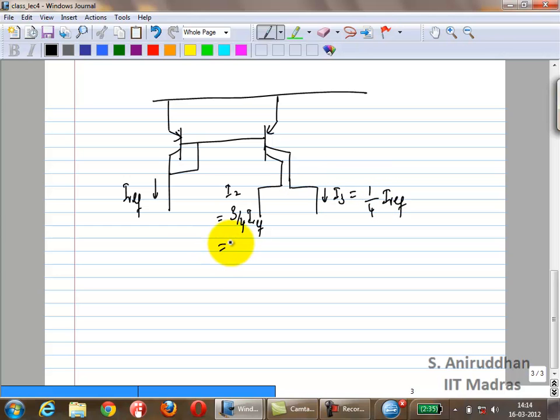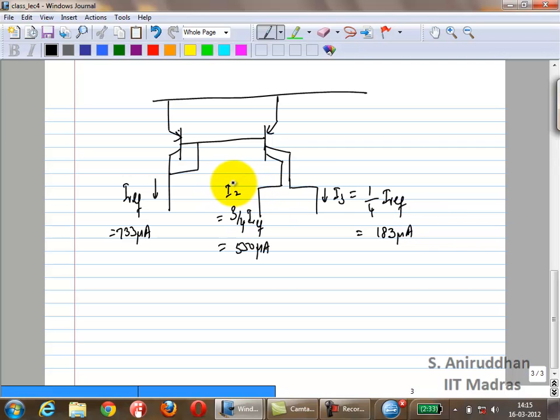What is this? Can somebody calculate and tell me? IREF is 733 microamps. What are I2 and I3? Approximately? This will be 183, right? Okay?